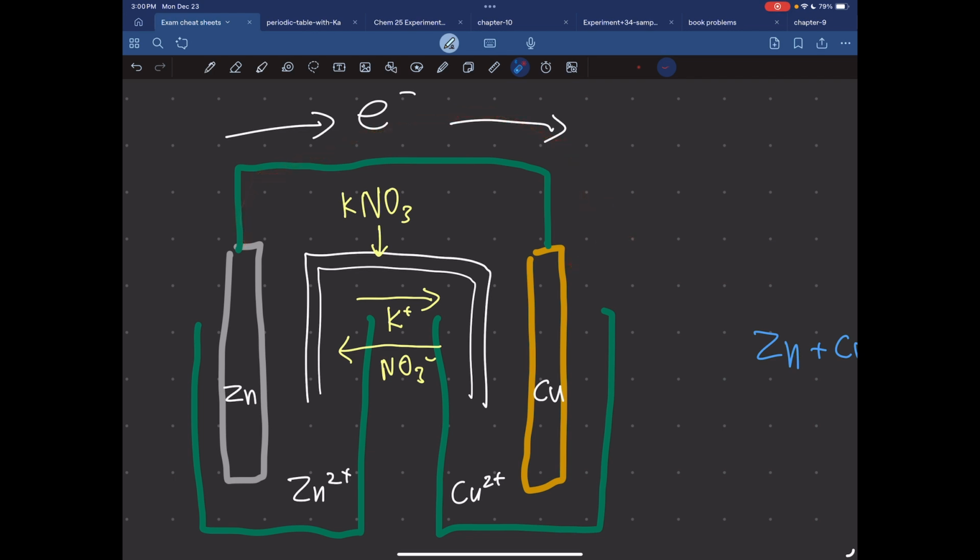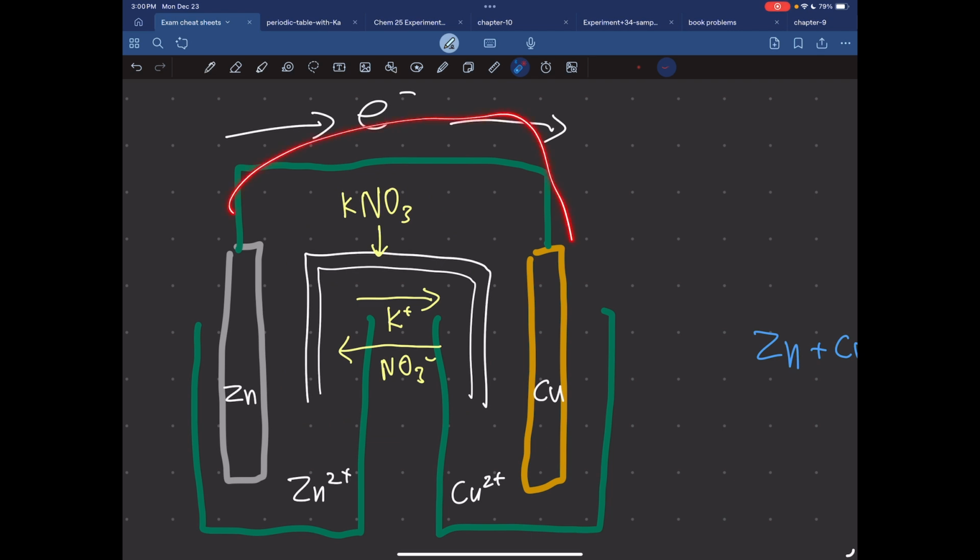Without this salt bridge, it won't work because all these negative charges are going this way, and so negative charge is building up here, which will eventually repel the electrons, and the electrons will stop flowing. So you need the salt bridge to balance out the charge. And so look at this.